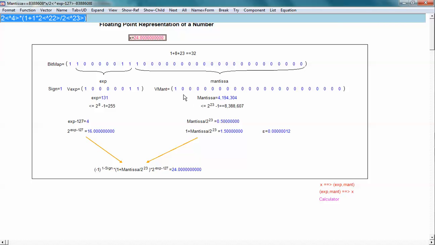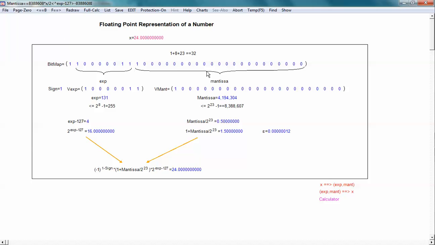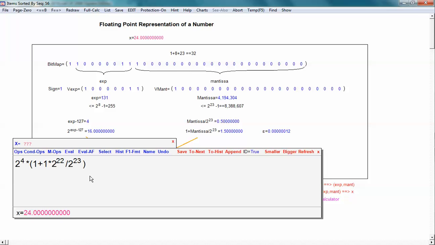Suppose I wanted to have a 1 here and a 1 in the next slot. Well, I'd go to this piece here. Let me actually put it in big form. Might be easier to see what I'm doing there. I'm going to take this, and I don't need that 1 there. Let me put it in parentheses. And now I'm going to add to that 2 raised to the 21 power.